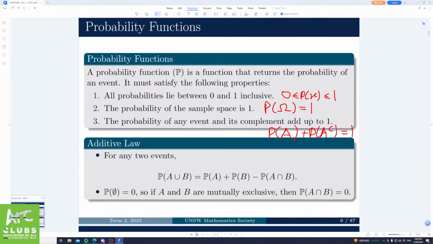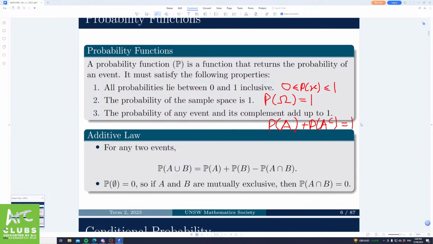Moving on to the additive law. For any 2 events, the probability of A or B, or A union B, is equal to the probability of A plus the probability of B minus the probability of the intersection of A and B. And just a side note, if A and B are mutually exclusive, then we know there is no intersection between them.